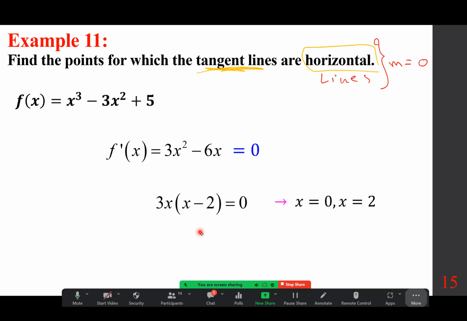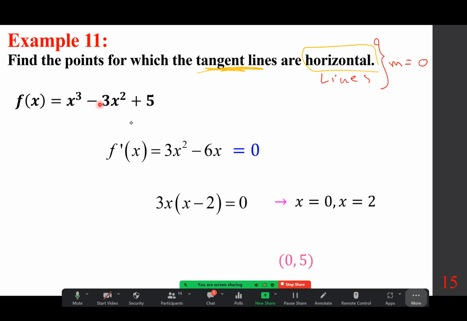Now, we must write them in pairs unless they just want the x coordinates. Normally, when they say points, they want them in pairs, meaning when x is 0, you plug in and it clearly becomes a 5. When x is 2, 2 cubed is 8 minus 3 times 2 squared, which makes it minus 3 times 4 is minus 12, plus 5, and that makes it positive 1.